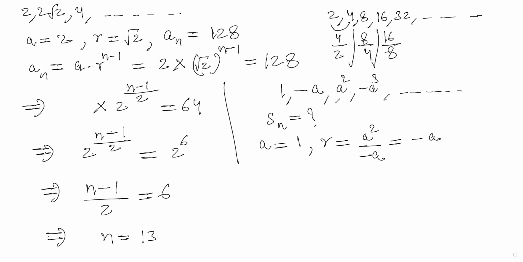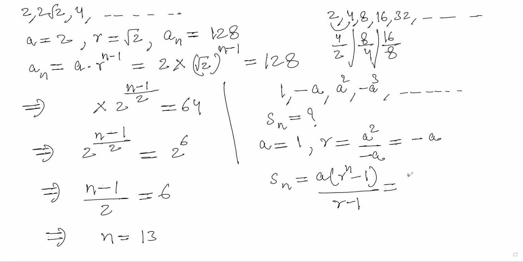Right? Now you have a, you have r, you have n, you need to find Sn. So Sn would be a into r to the power n minus 1 divided by r minus 1.